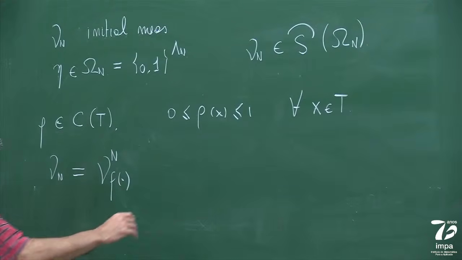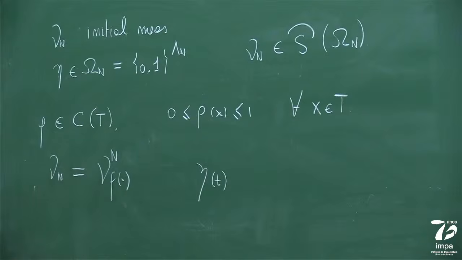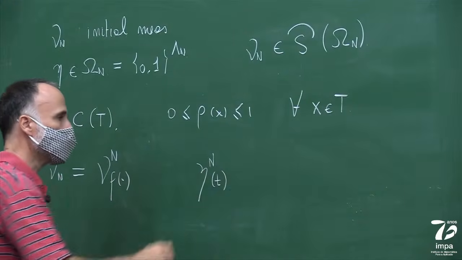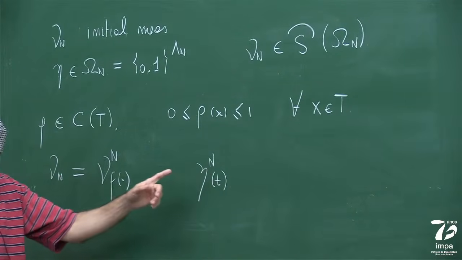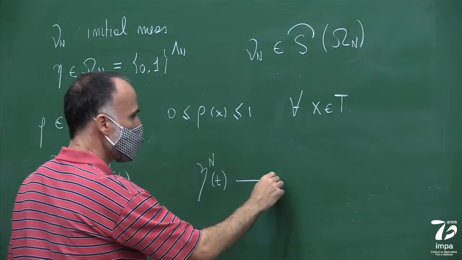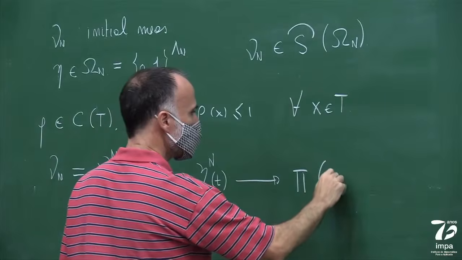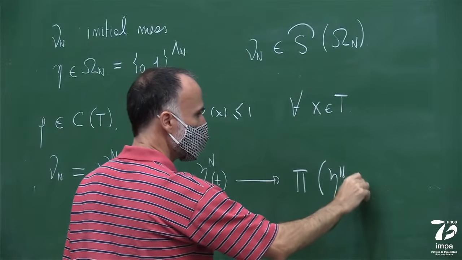And then we consider the evolution, our Markov process eta t, which is the exclusion process. Okay. So let me just put a superscript n, to say that this process evolves on this space omega n. So it depends on n. For each n, I have a different process. And this corresponds to the evolution of pi of eta and t.